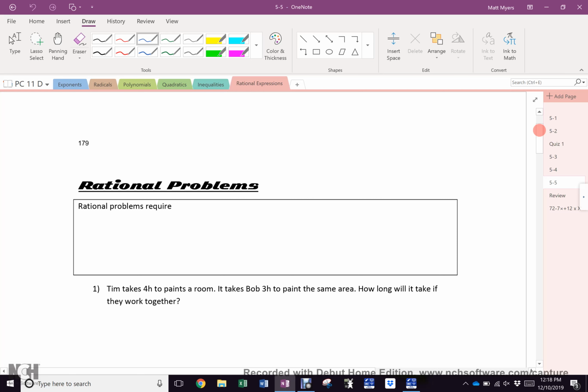I collected 126. 126 equals 5x plus 3y, right? But since I have two variables, I need another equation: x plus y equals 30. And then we do a system, right?